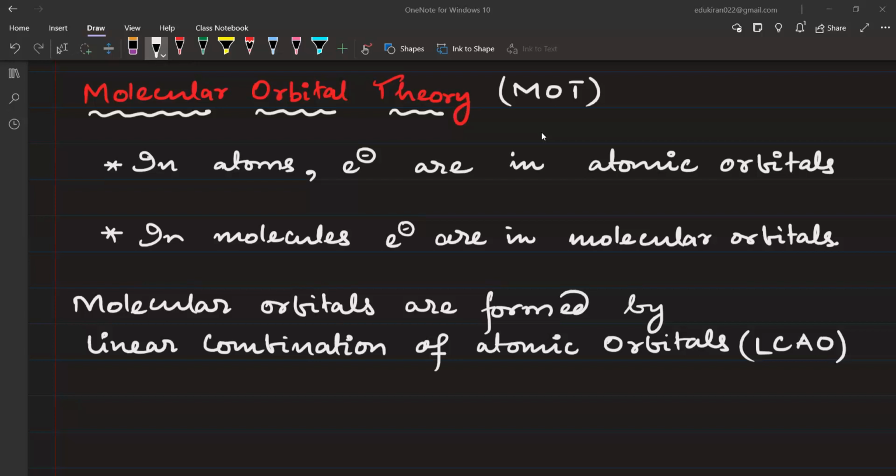Similarly, we have to spend a bit of time to understand the molecular orbitals, which are formed by the combination of atomic orbitals, and then we can plug in the electrons there also.